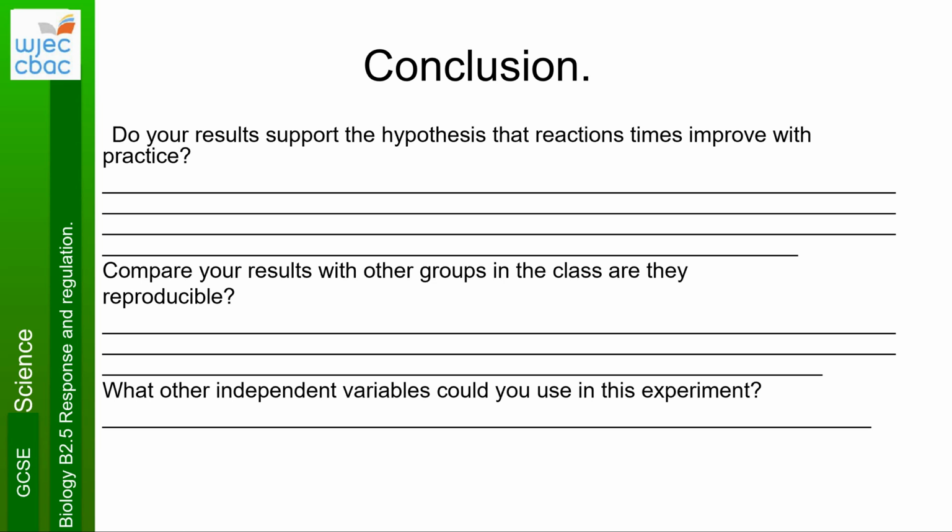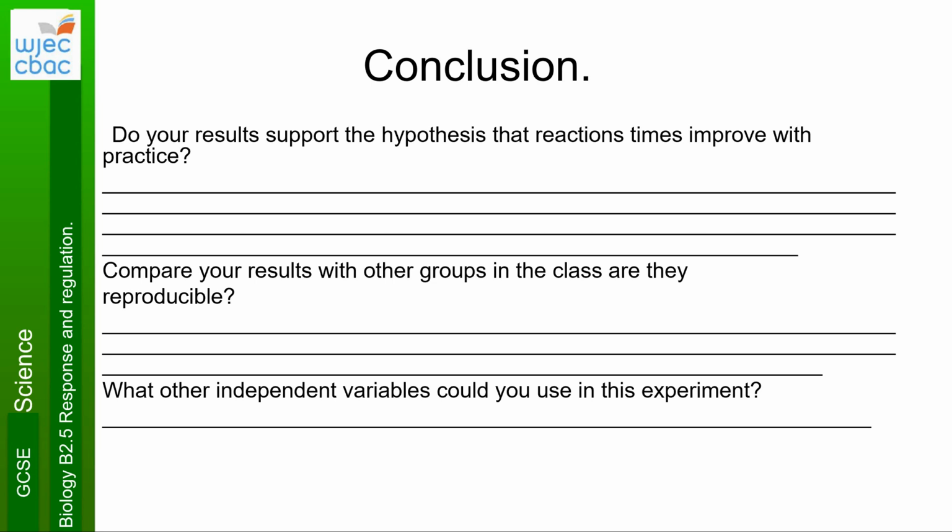The last question asks what other independent variables could you use in this experiment? There's a number of different things we could look at. Other things that might affect reaction time would be someone's age. So you could test to see whether there is a change in reaction time as people get older.